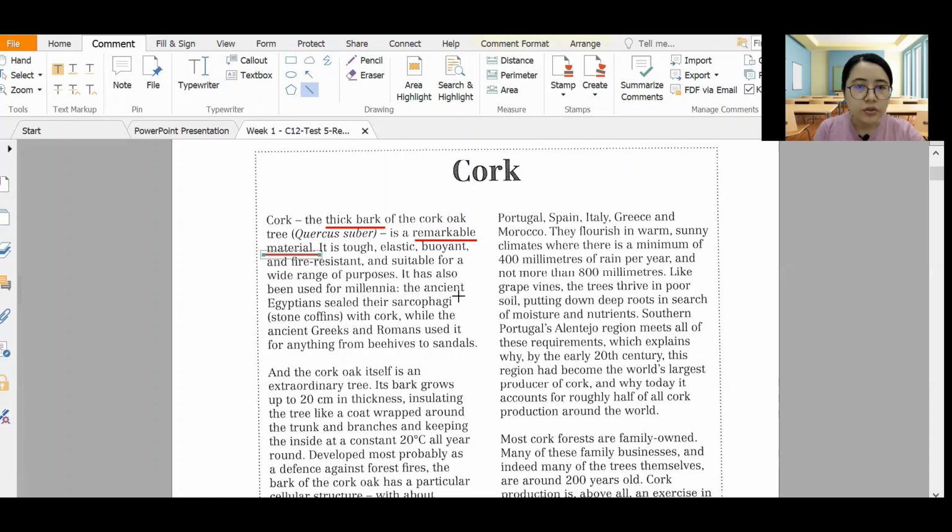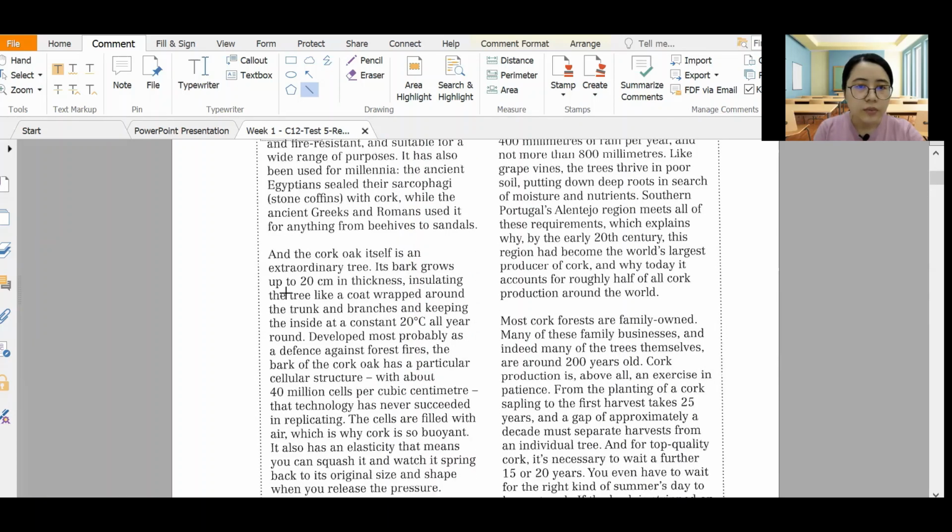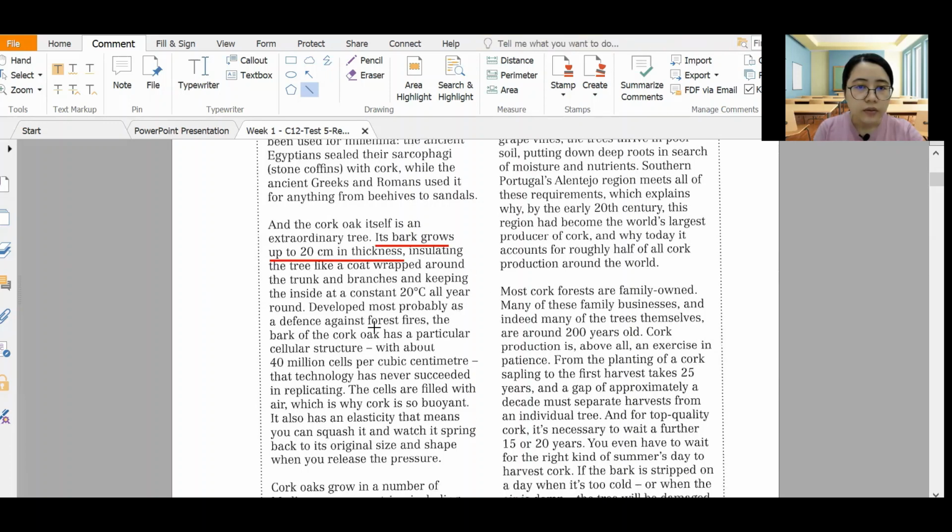They have been used by the ancients for many things. It also talks about the bark's thickness, 20 centimeters.